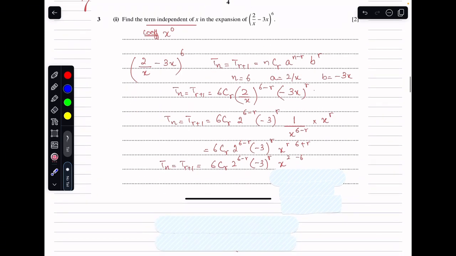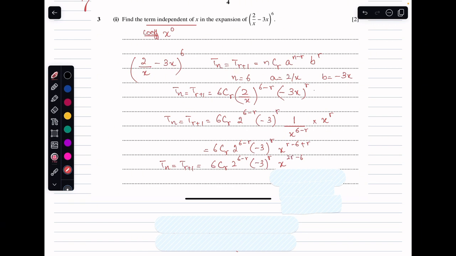Again, solving for all the powers of x, this shall be equal to x to the power of −(6−r) plus r. That means from the denominator, when these powers get shifted to the numerator, their sign changes, so this becomes −6 + r + r, which is 2r − 6.